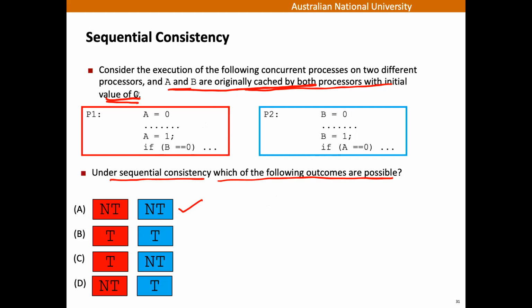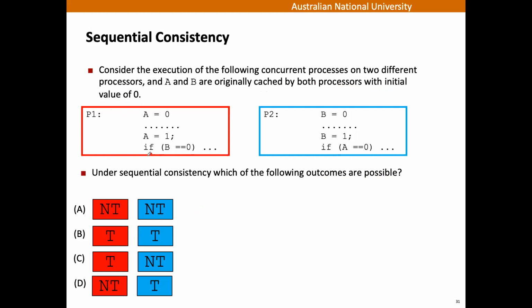If processor 2 does not do anything, what will happen to the branch instruction? Taken or not taken? So this is tricky. So let's say not taken.